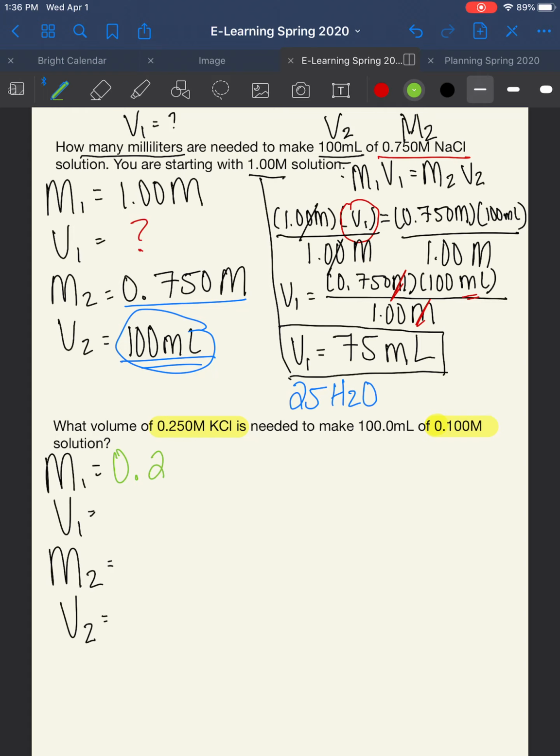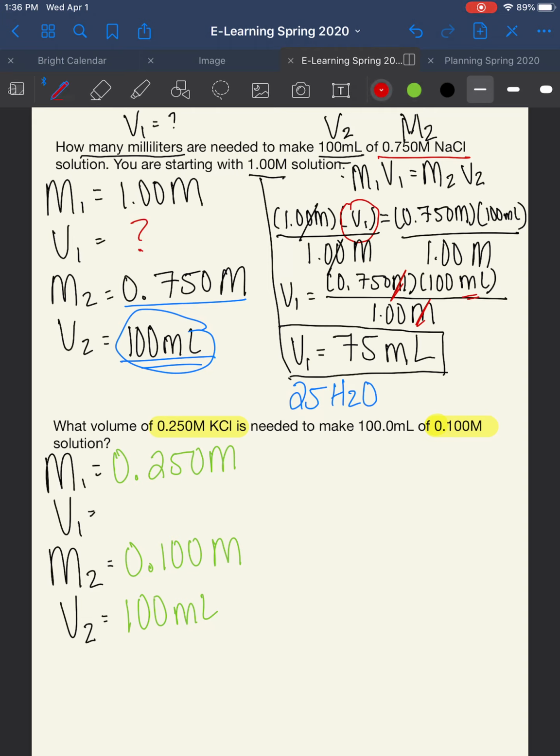So then my M1 is going to be 0.250 molar, and my desired molarity after dilution is going to be 0.100 molar. The volume that I am trying to make is going to be 100 mLs again, so my V2 is 100 mLs.